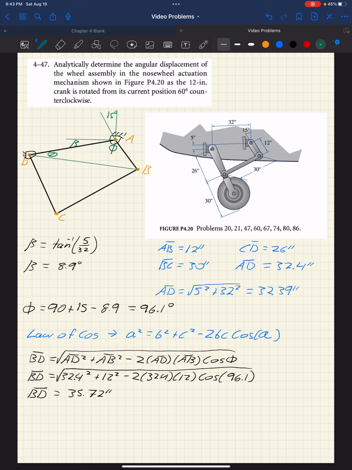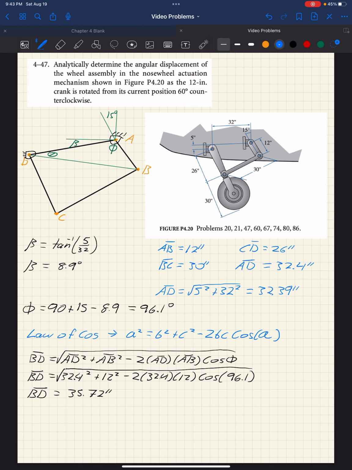Now, to solve theta, if we're looking at what we know in this triangle, we know the length AB. We also now know the length BD. And we know this angle phi, so we can use the law of sine for this.